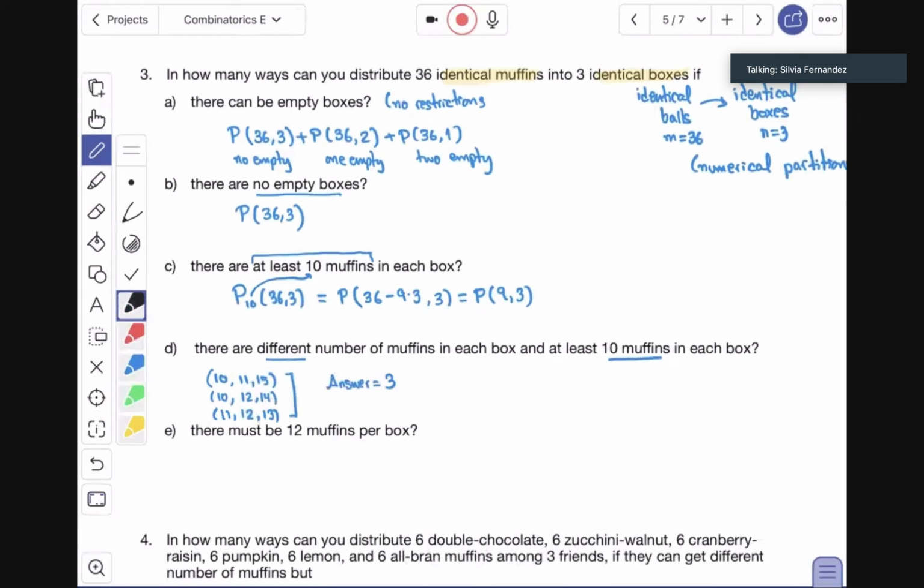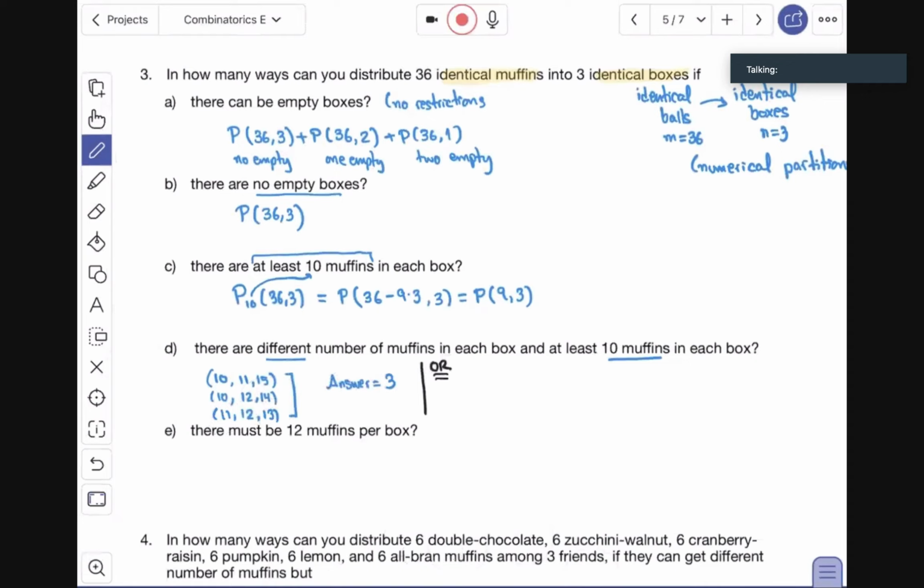Another way that you can do it, if you're looking for an alternative, is we already solved the one for having at least 10 muffins in each box.